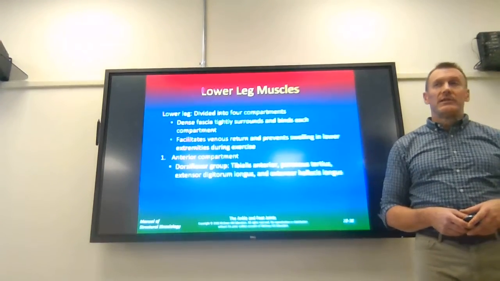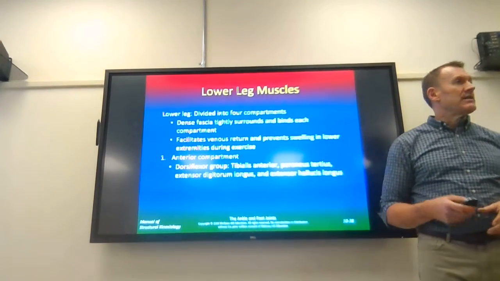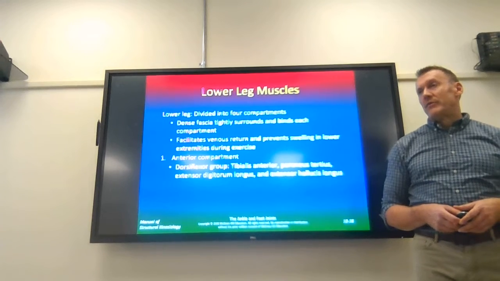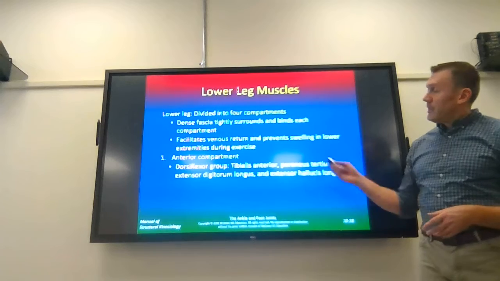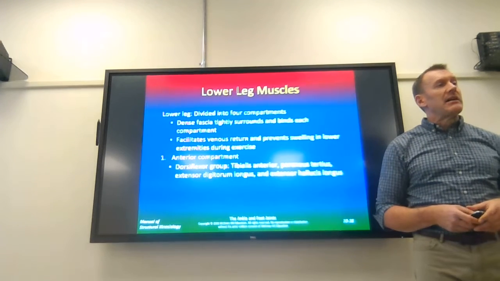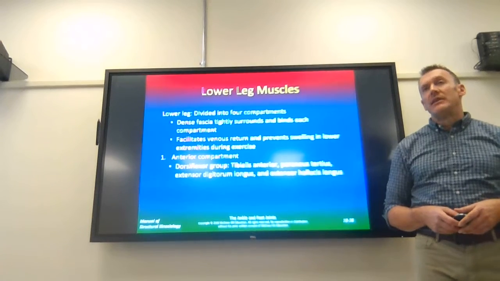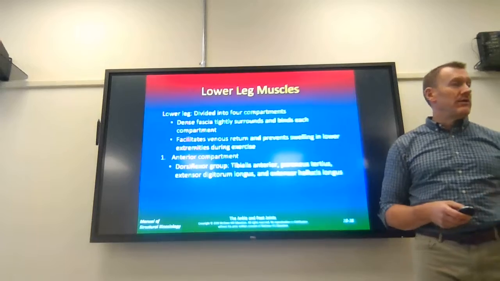The peroneus tertius is a little bit different versus the peroneus longus and brevis. Peroneus longus and brevis are involved with plantar flexion in addition to eversion, whereas the peroneus tertius has its tendon in front of the lateral malleolus, and so it's involved with dorsiflexion rather than plantar flexion.